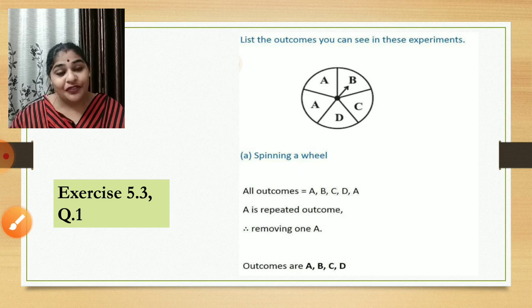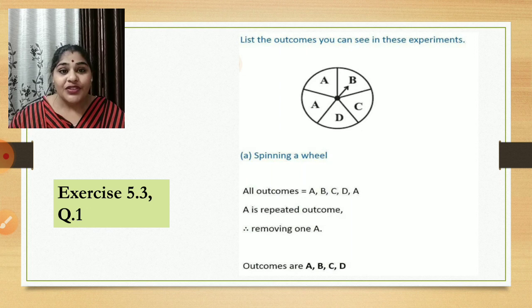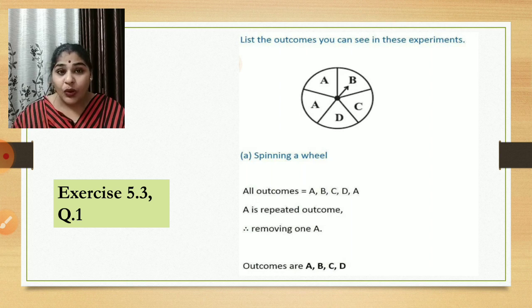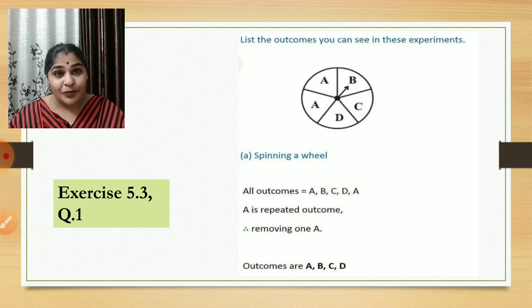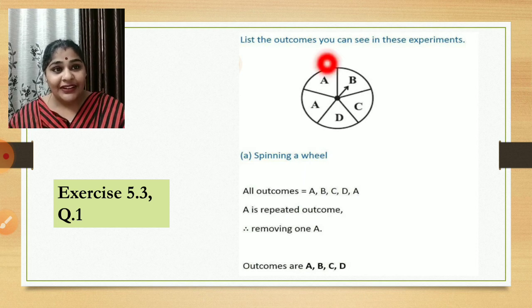Let us begin with our exercise 5.3, which is again a very important exercise. So question number 1 is: list the outcomes. Outcomes means what you can get. List all the outcomes they have told you in this experiment. So again, in the first they have given a spinning wheel. Okay, so what are the outcomes we can get? Either we will get A, B, C, D, or A. So first write all the outcomes here.